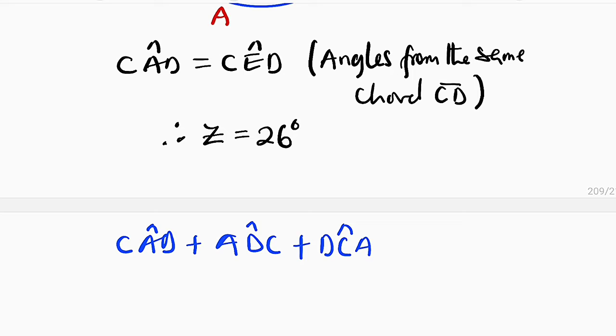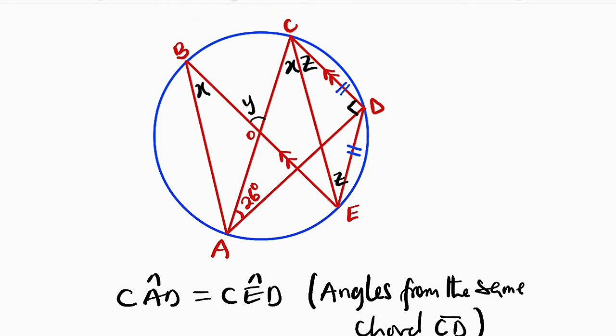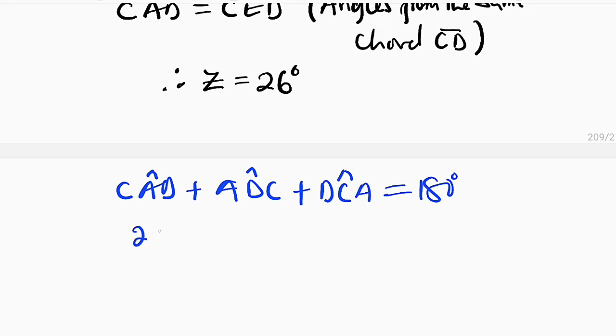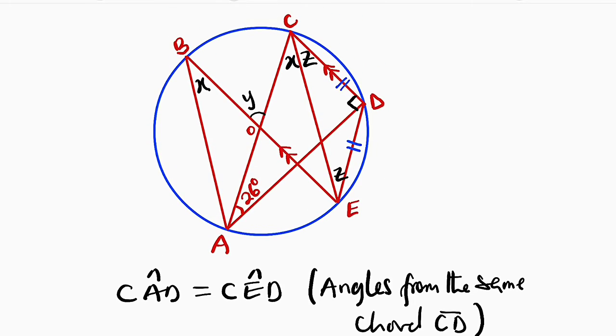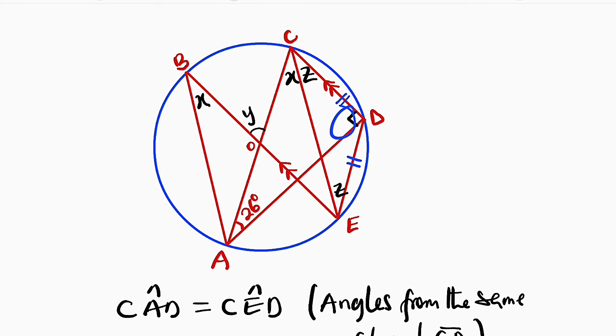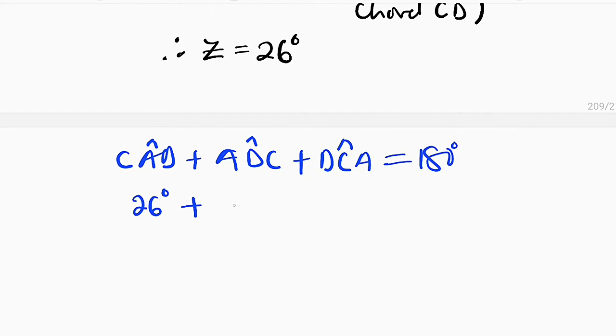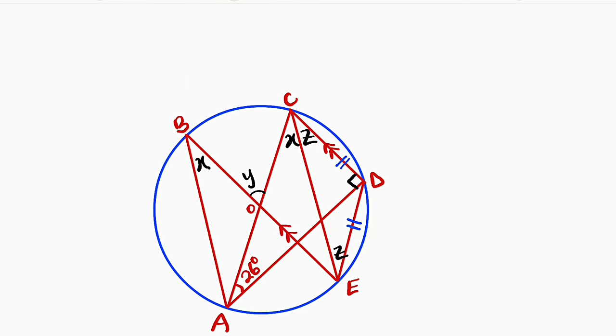All of those three angles must be equal to 180 degrees. So let's start with the first one, which is 26 degrees. This is 26 degrees plus ADC, which is 90 degrees, plus DCA. DCA is X plus Z.